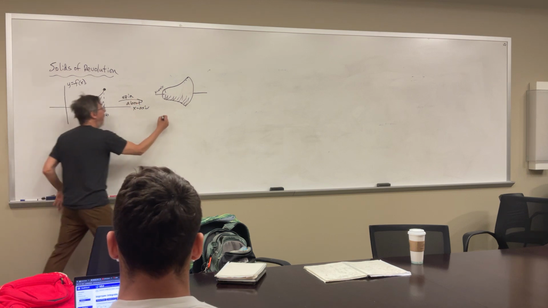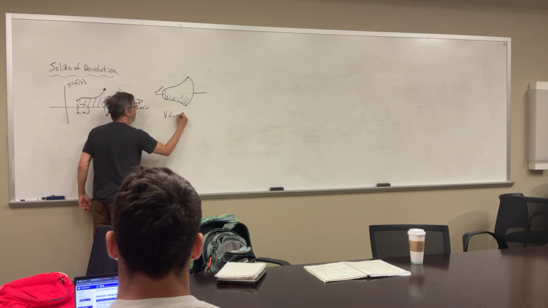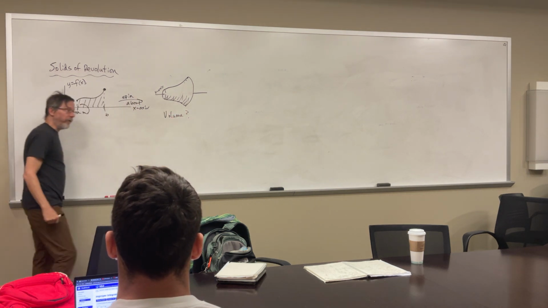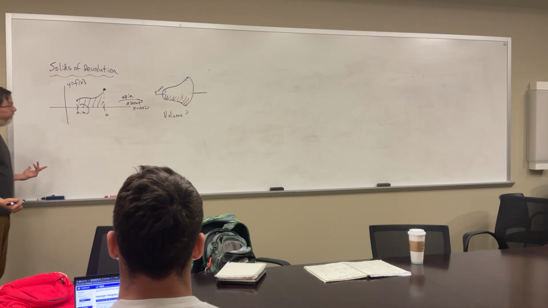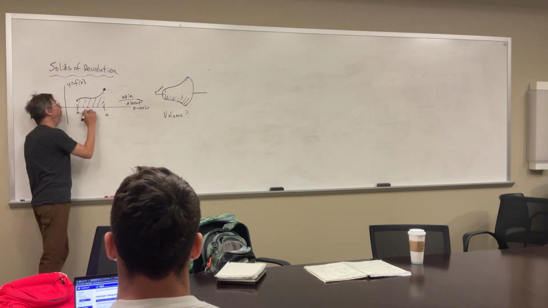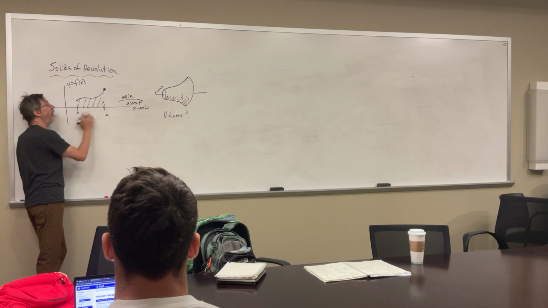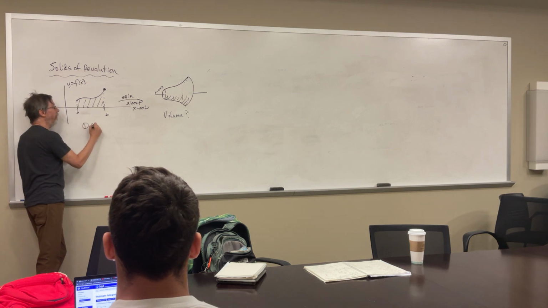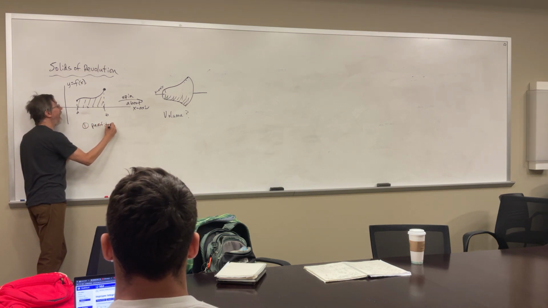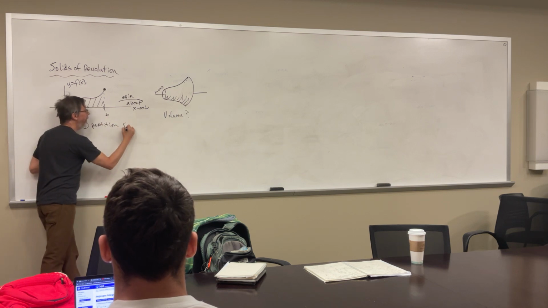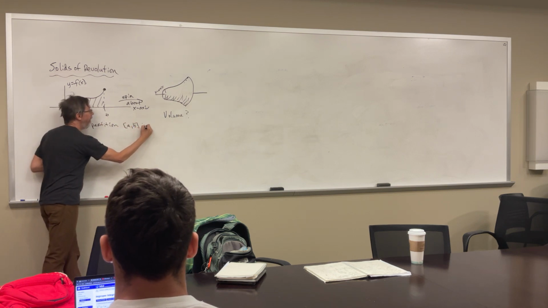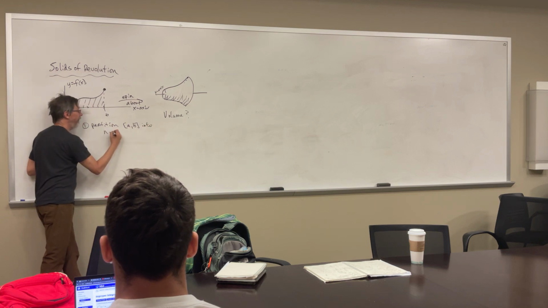So we want to find a volume formula for this thing. And here's how we're going to do it. We're going to do very calculus-y things. Step one is we're going to partition. Now, this isn't how you'll do it, but we're going to develop the formula. Partition the interval a to b into n subintervals.